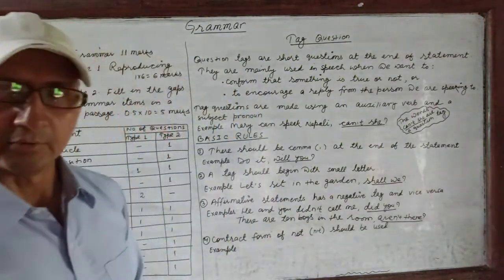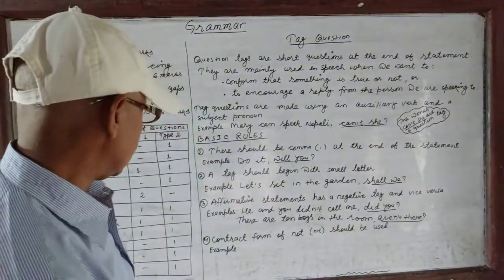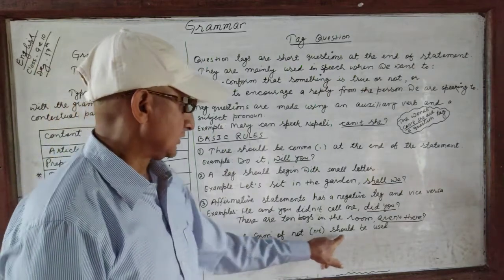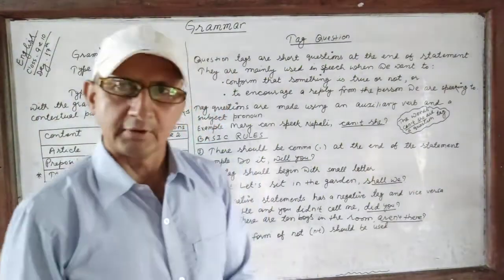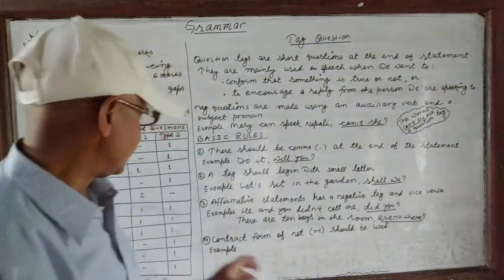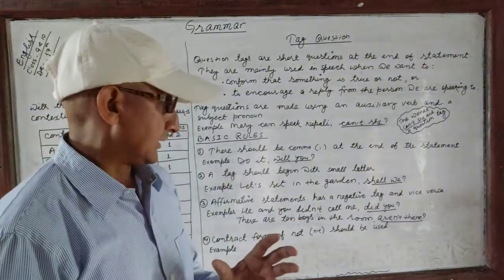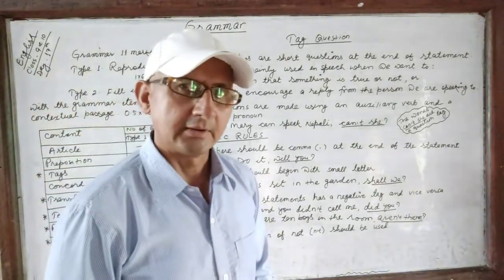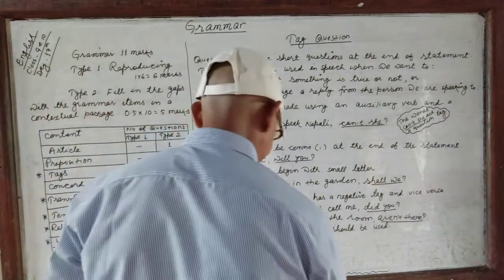Another basic rule of tag questions is that the contracted form of not should be used. We don't use the full form of not, we use the contracted form of not in the tag question. Let's see one example.